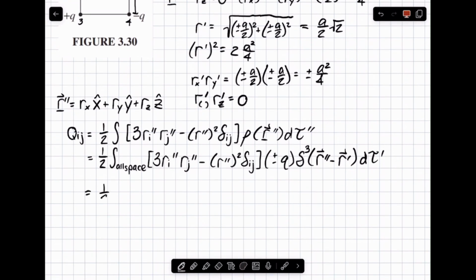So this integral, due to the Dirac delta function, just becomes the same thing, except we evaluate r double prime at r prime. So it becomes this general value that spans all space, and now we're evaluating it at only the points where our charge is.